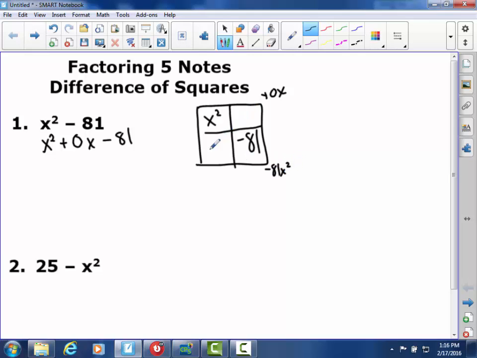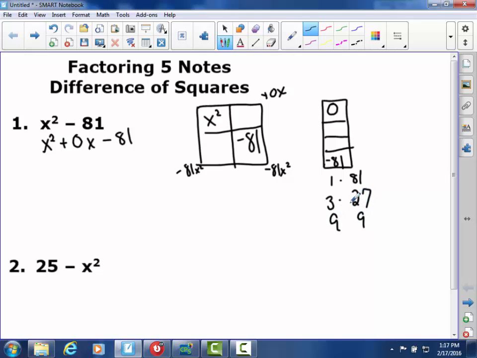One of the ways I could figure out what these numbers are is our factor table, or factor tower, in which we put the negative 81 down and the 0 at the top, and ask what are the factors of 81 that will combine to give me 0? So, 1 times 81, then 3 times 27, and then 9 times 9, and that's it. Those are my factors.